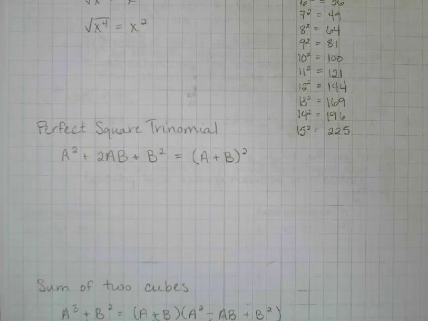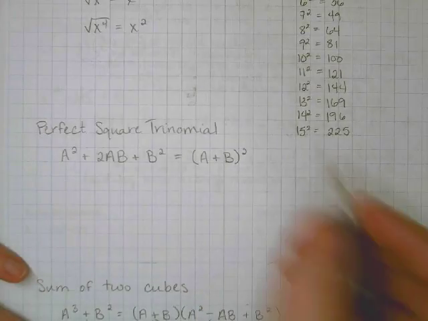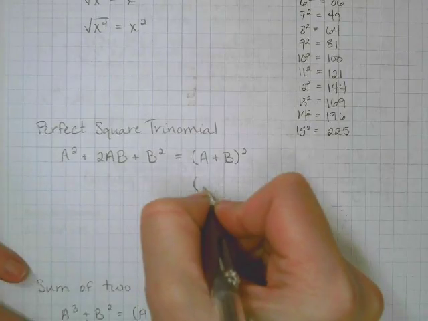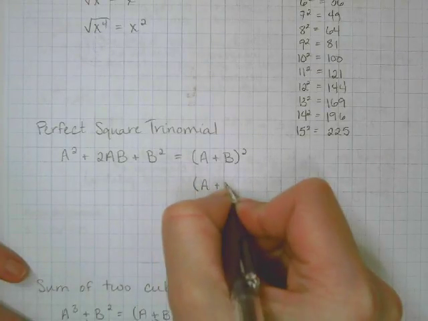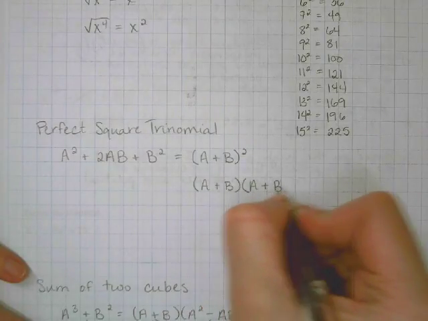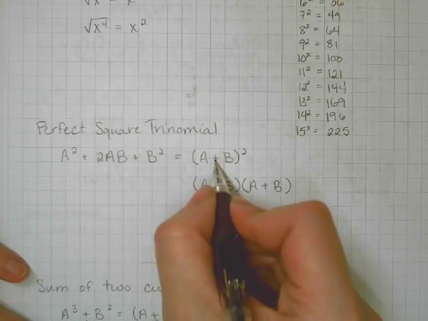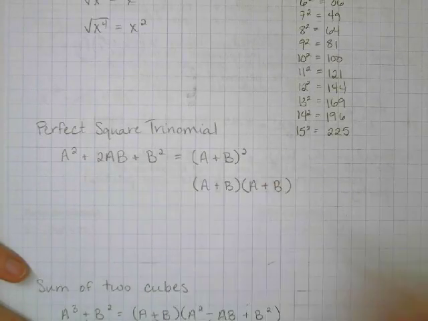The next one we're dealing with is called a perfect square trinomial. This is when we take a plus b and we square that whole thing. Keep in mind that a plus b squared is a plus b times a plus b, not a squared plus b squared. We can't distribute that exponent in there because of that plus.